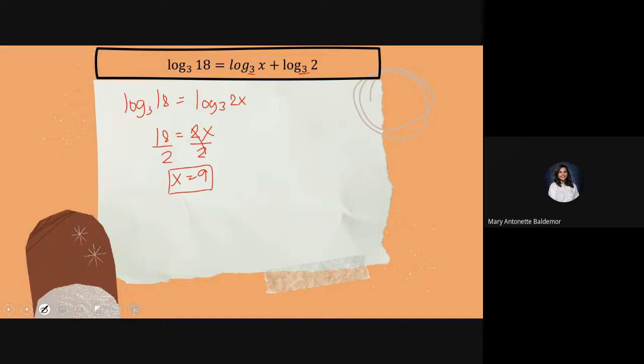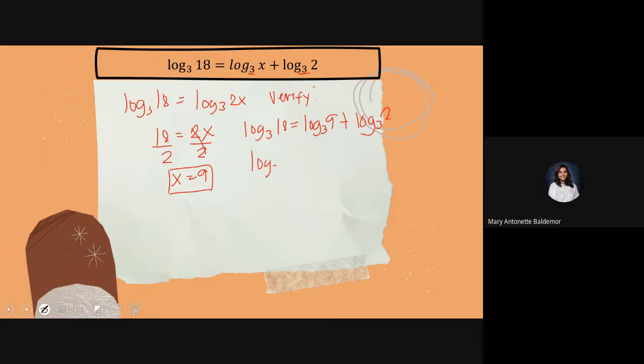Okay, so to verify, substitute the value of x, which is 9, to the logarithmic equation. So the logarithm of 18 with base 3 is equal to the logarithm of 9 with base 3 plus the logarithm of 2 with base 3.